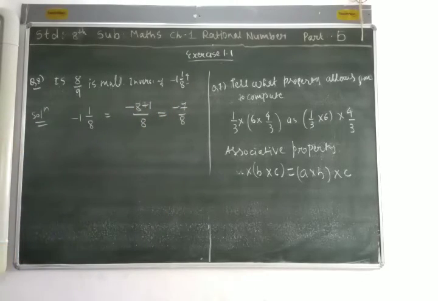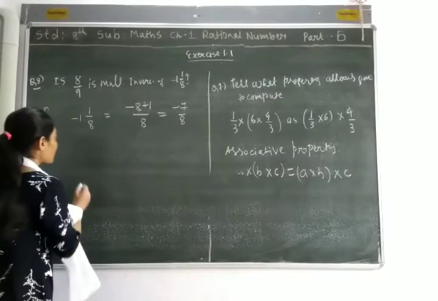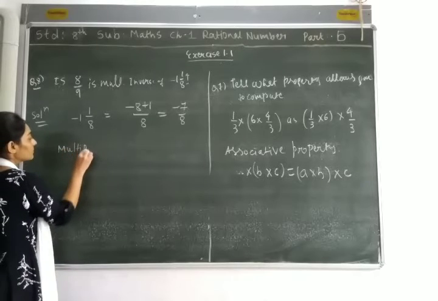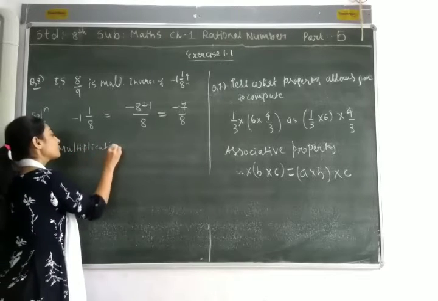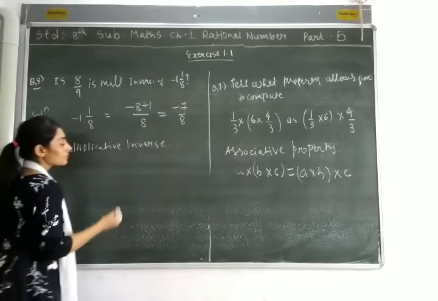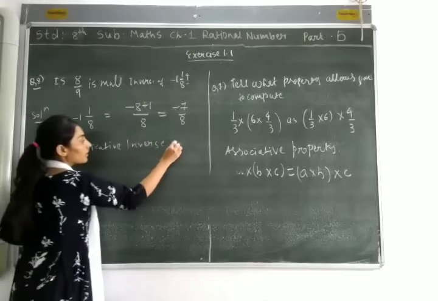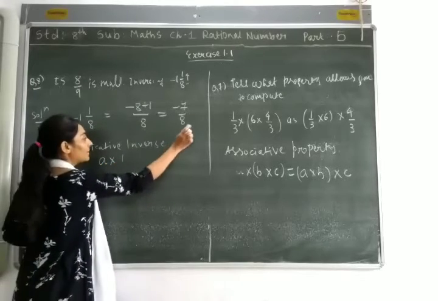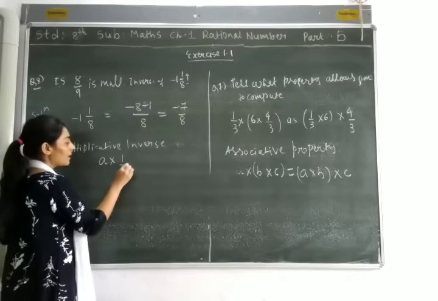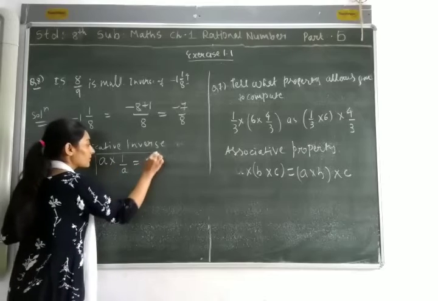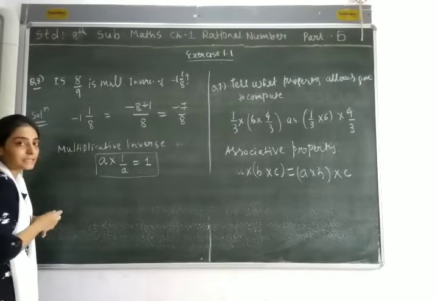Multiplicative inverse means the inverse of A. The multiplicative inverse is nothing but A into its reciprocal, and the resultant is 1. That is the answer.